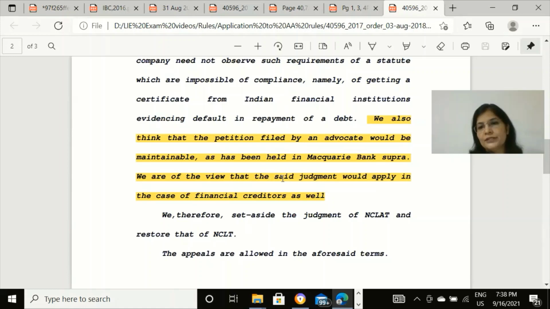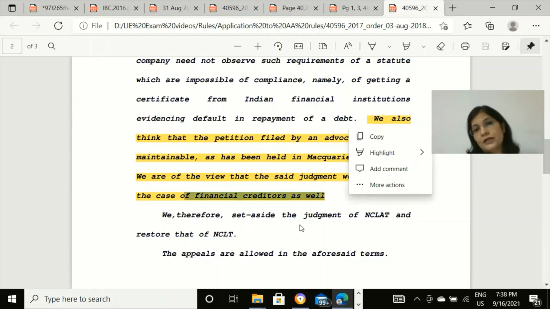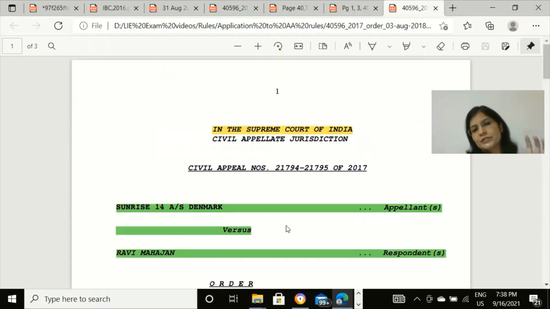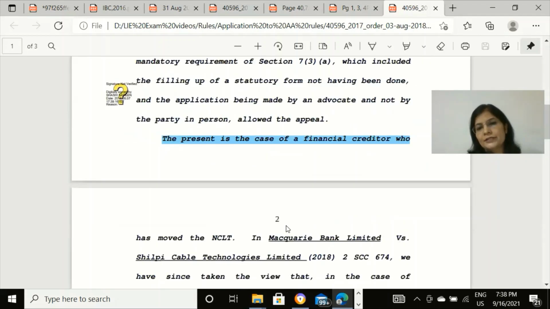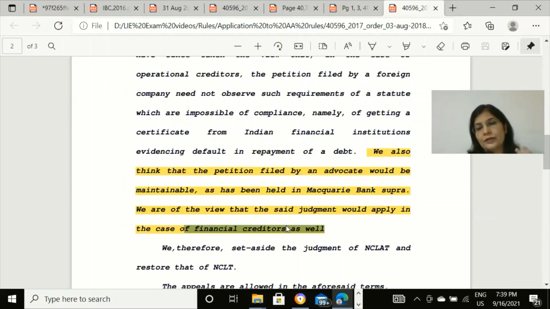We are of the view that such judgment would apply in the case of financial creditors as well. What I am saying is, when you are doing the case study, just keep in mind the name and these particular highlighted decisions that they have given, as part of your case law analysis.